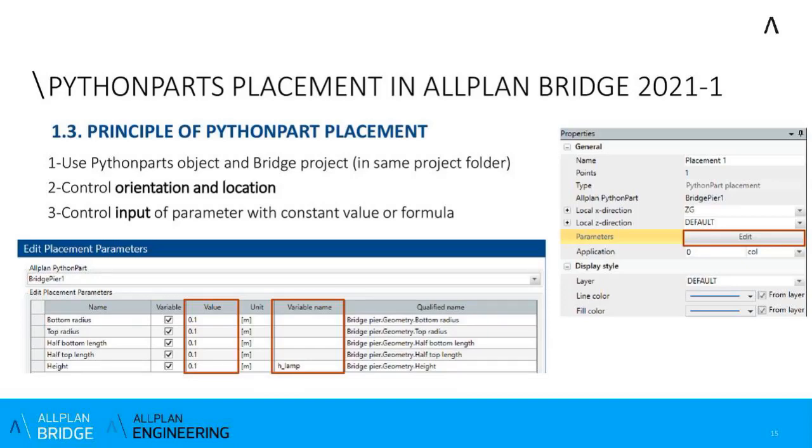After you choose the pythonpart, you will see the list of parameters, and you can input directly the constant value here, or even use the variable name that you have defined in the function before, and you just give the function here, and the input value of parameter of pythonpart will be changed or controlled easily.